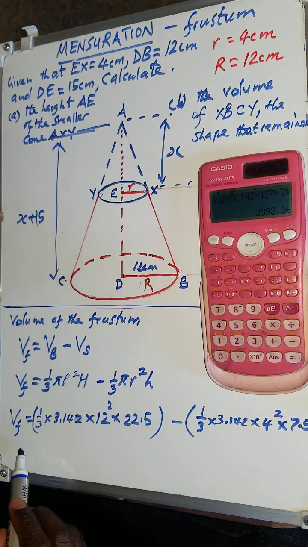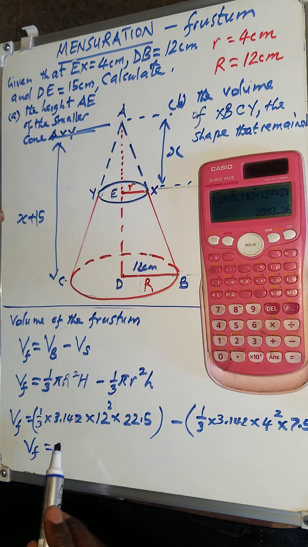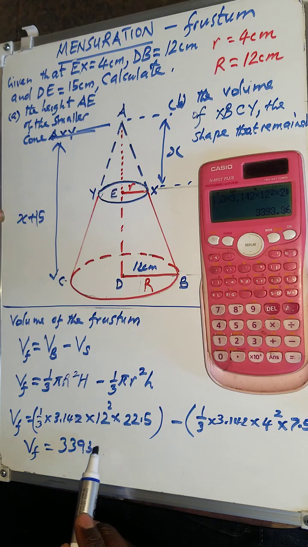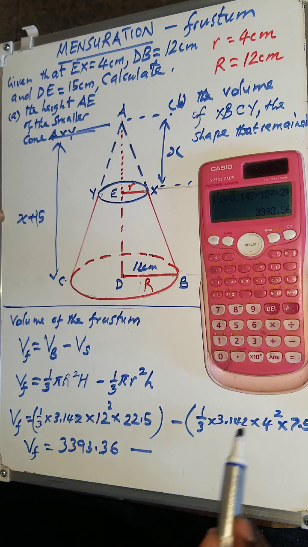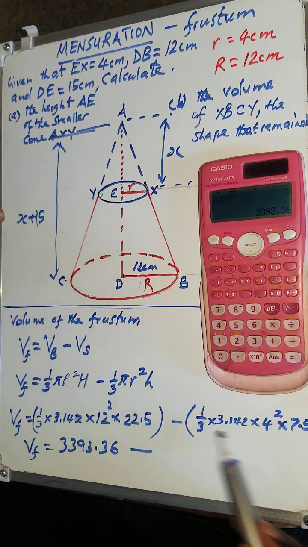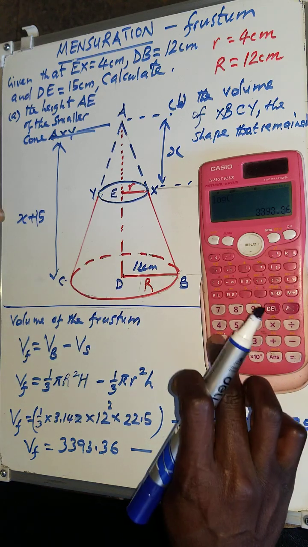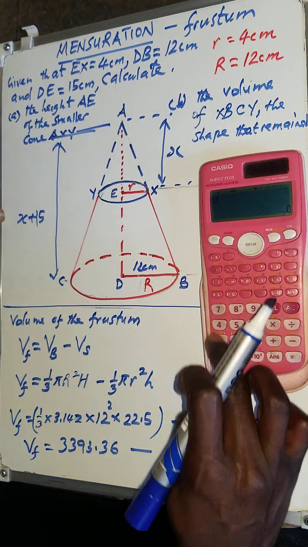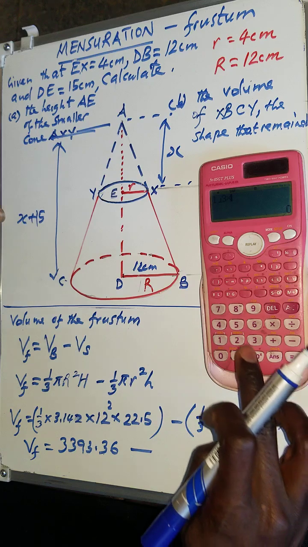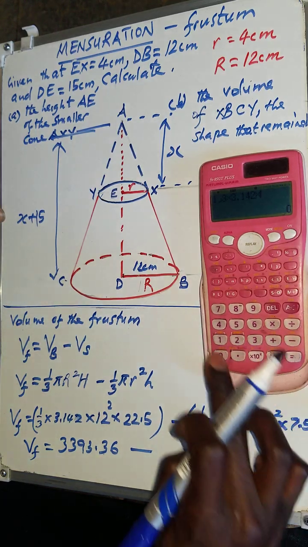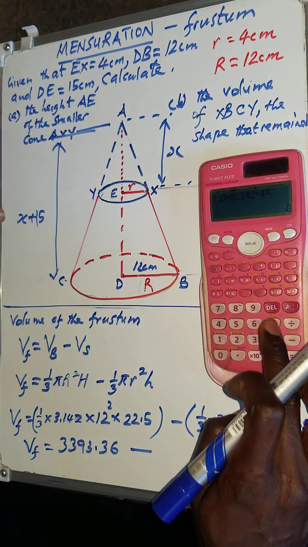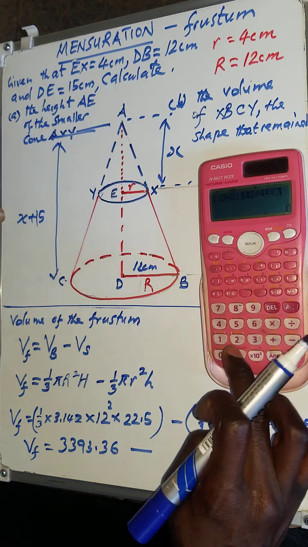So if you look at the value that I'm getting, the volume of the frustum will be equal to the volume of the bigger cone, which is 3,393.36, minus the volume of the smaller cone. So you can also work that out: 1/3 multiplied by 3.142 multiplied by 4 squared multiplied by 7.5.